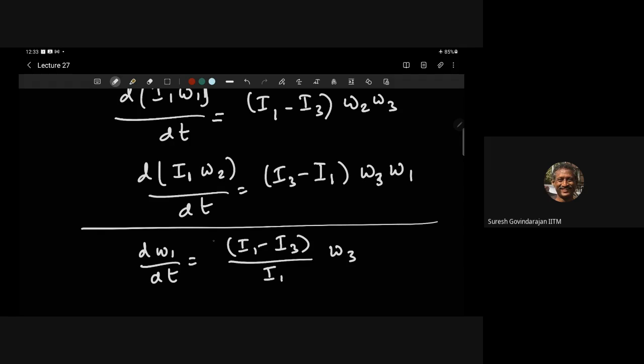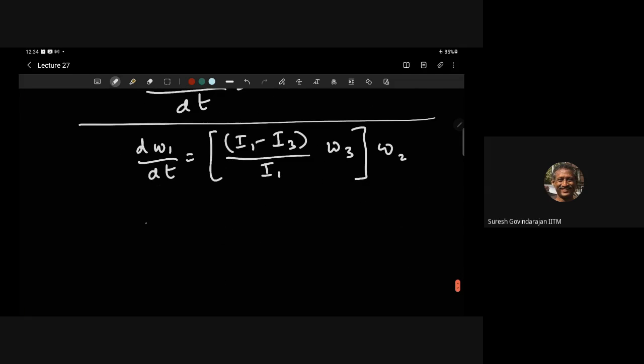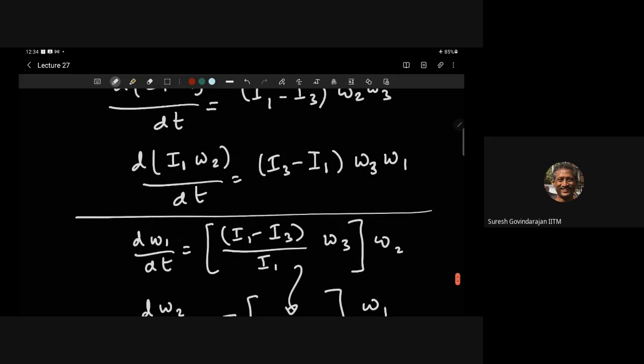All these are constants. And d omega 2/dt is equal to minus the same thing, because what we have here is I3 minus I1.